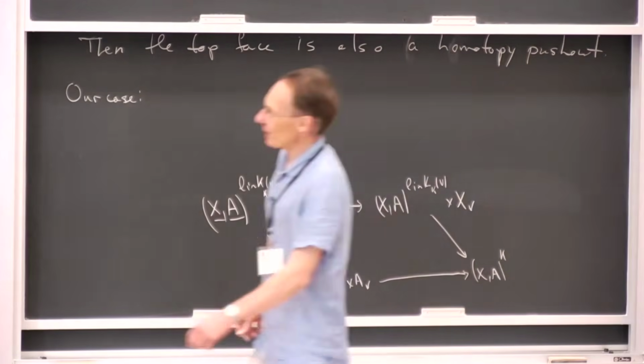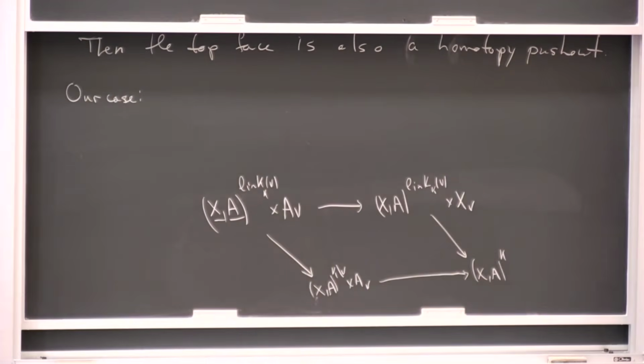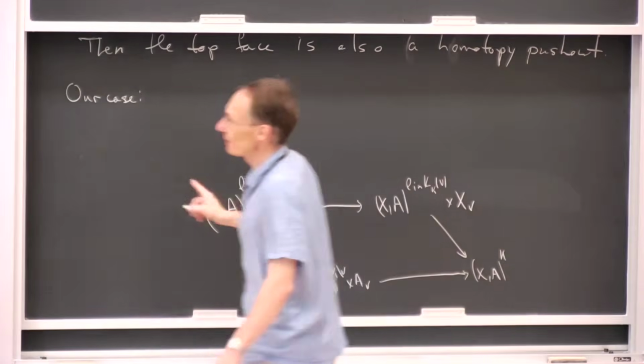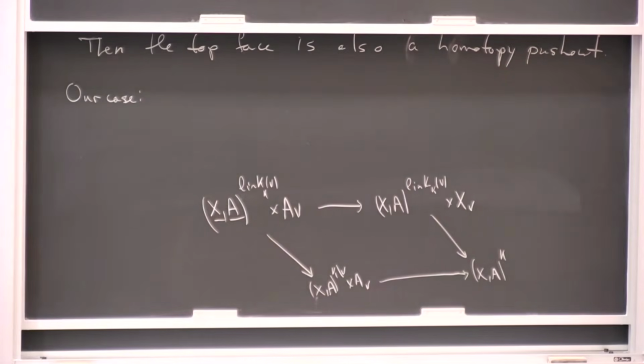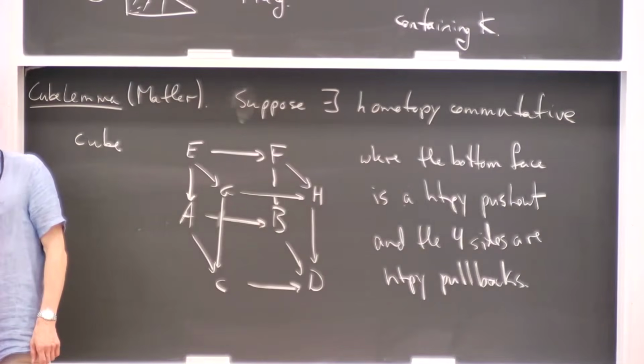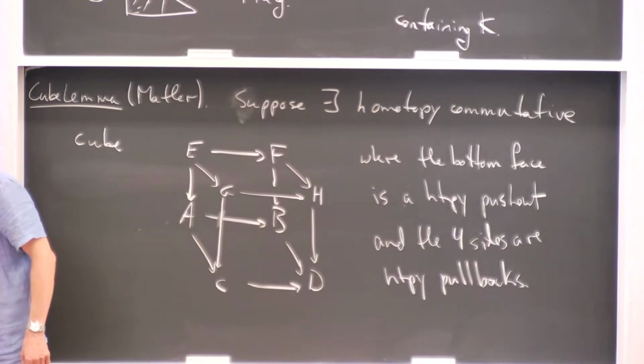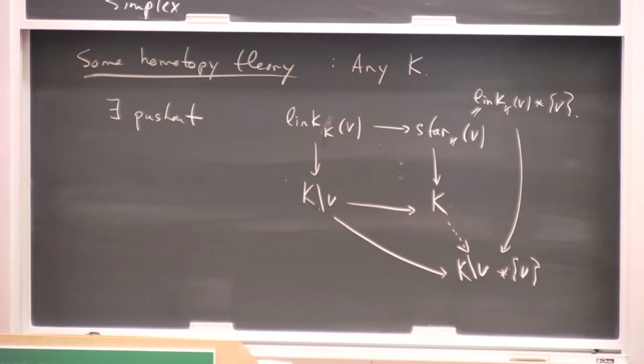And to produce the pullbacks on the four sides, we're going to take the polyhedral product (CA, A) for K and map it into the (CA, A) for this complex. There's a join here, so that will break up as a product of polyhedral products.